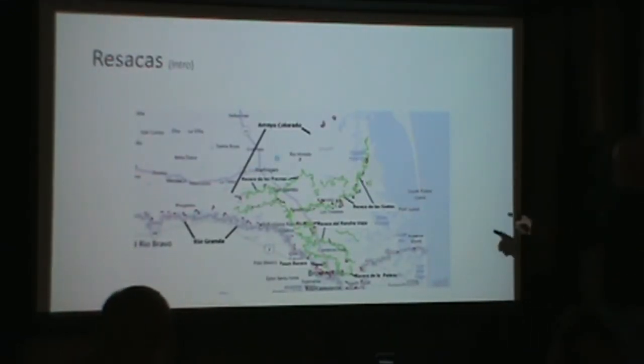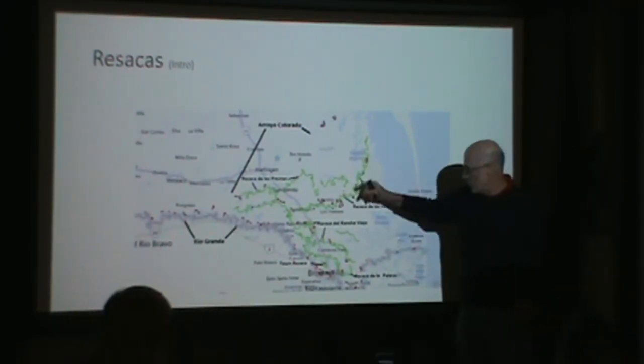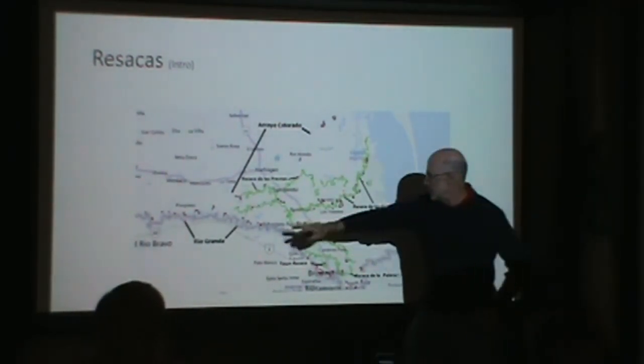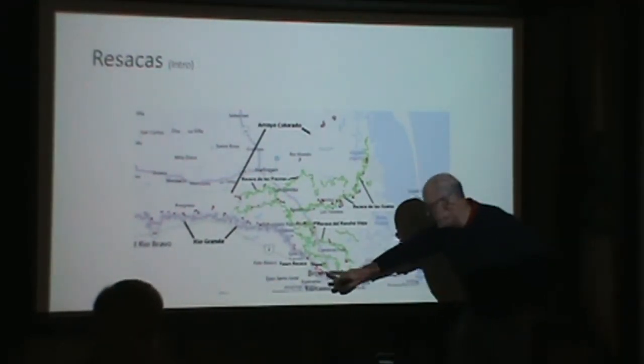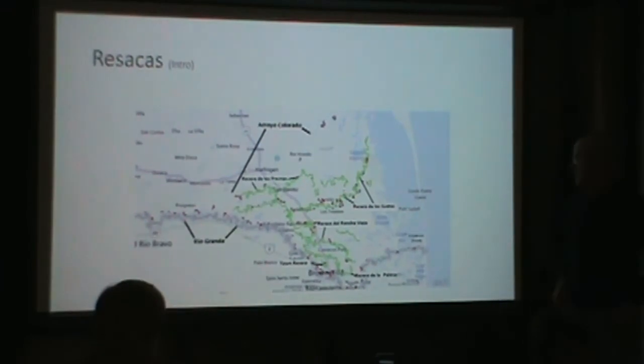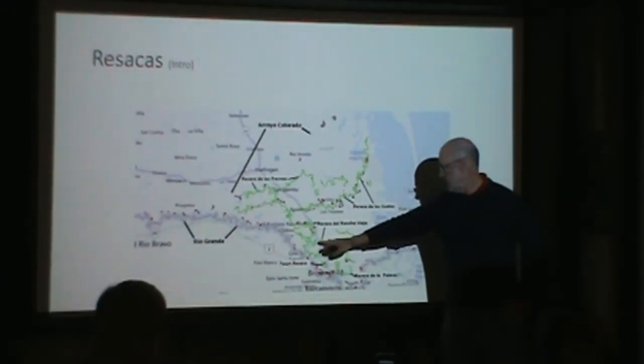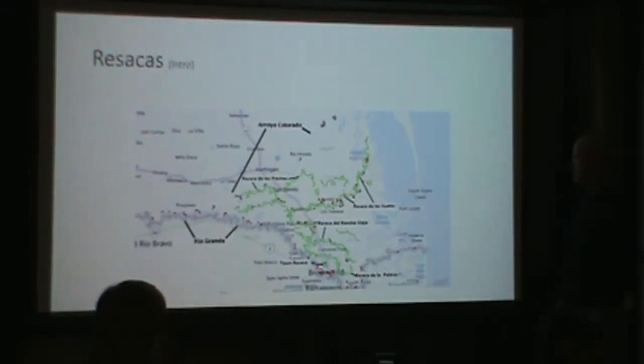So resacas, this is the resaca systems around Brownsville. There are several resaca systems: Resaca del Rancho Viejo, Resaca de La Palma, Fort Brown Resaca, which is this little system here, and Cemetery Resaca or Downtown Resaca, this other system. So there are five of them.